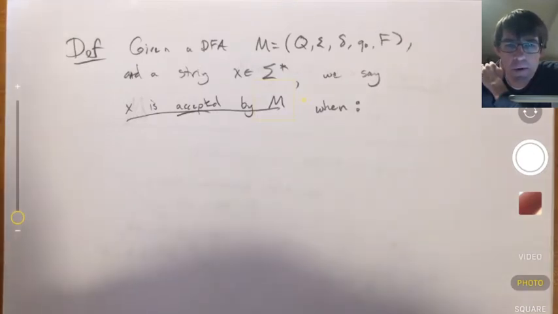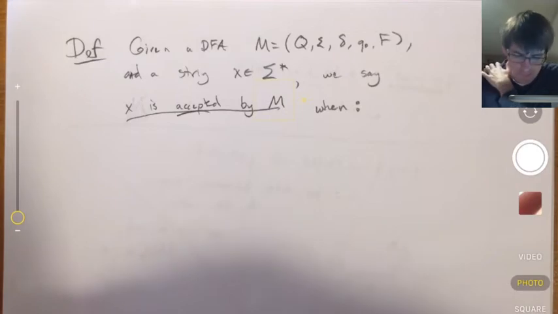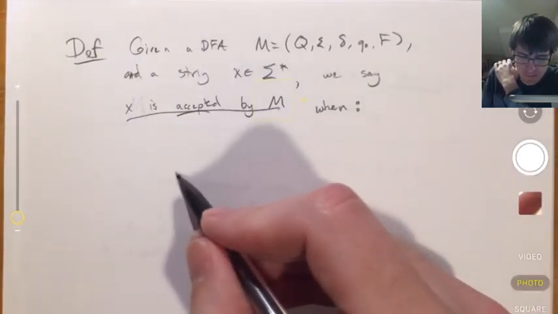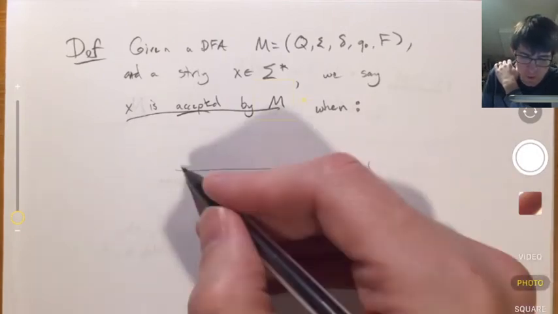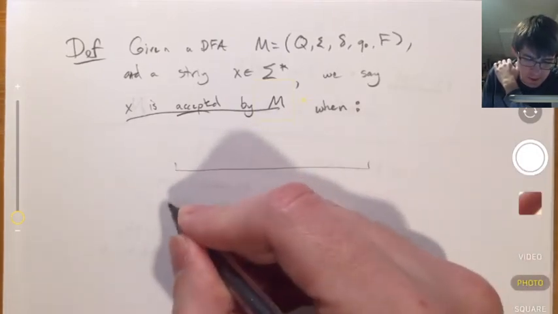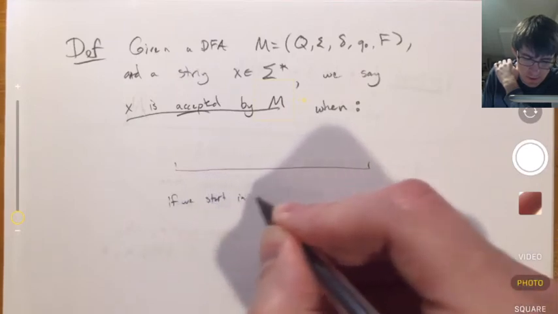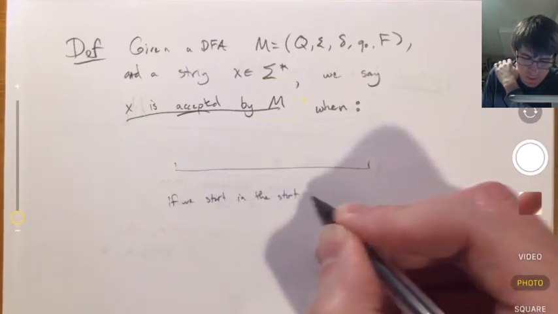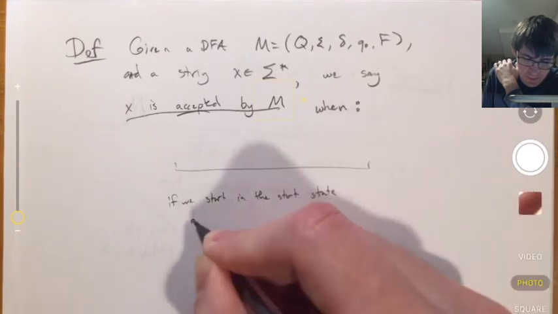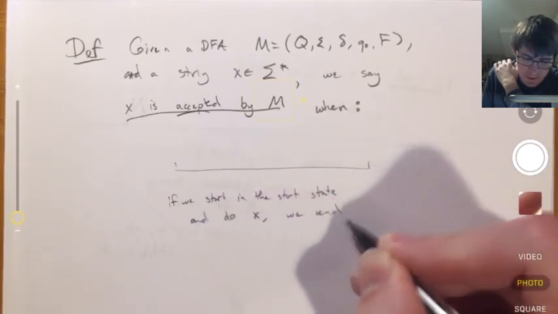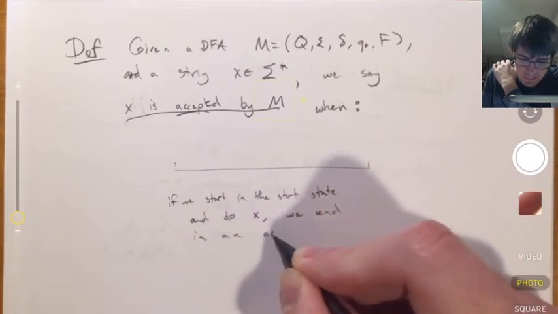How about someone I haven't heard from today? You can actually write this in a very compact way, but whatever I put here, what it's going to mean is if we start in the start state and do X, then we end in an accepting state.